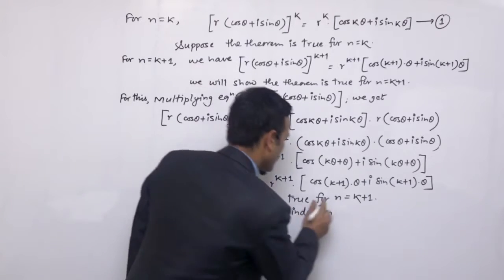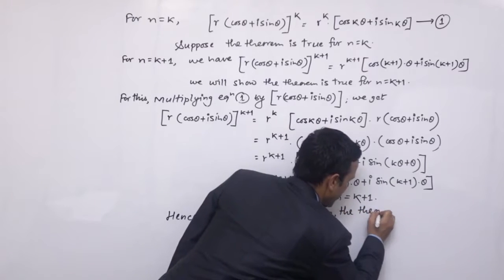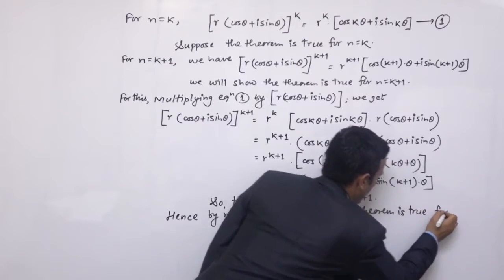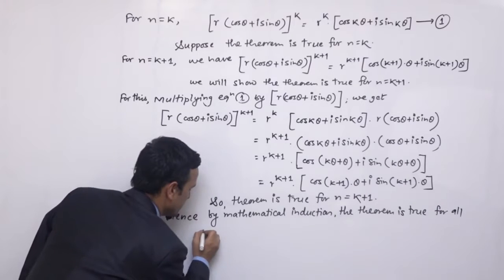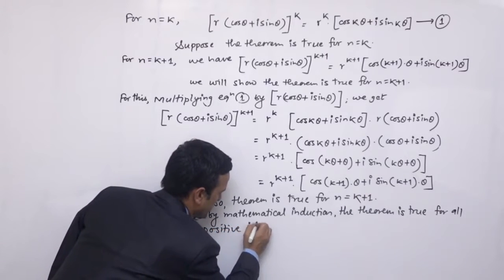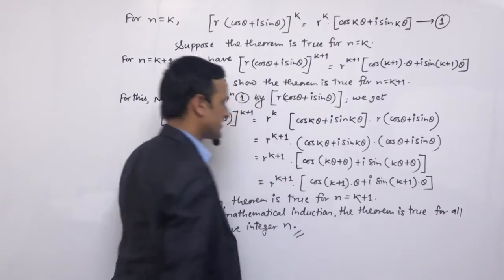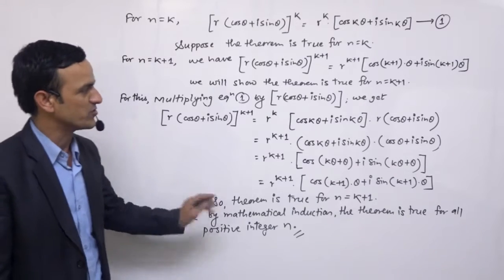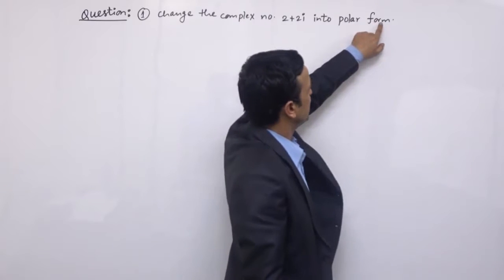So by mathematical induction, the theorem is true for all positive integer n. So this completes the proof. यसरी यो तरिकाबाट यो theorem prove हुन्छ. So यो topics polar form सँग related छ.